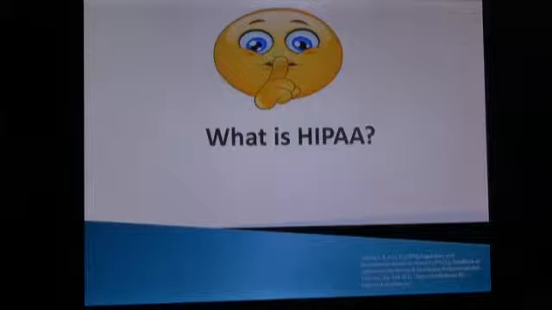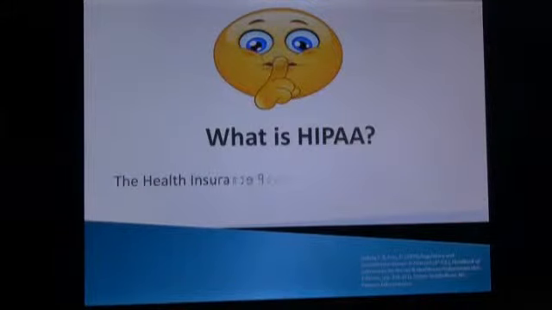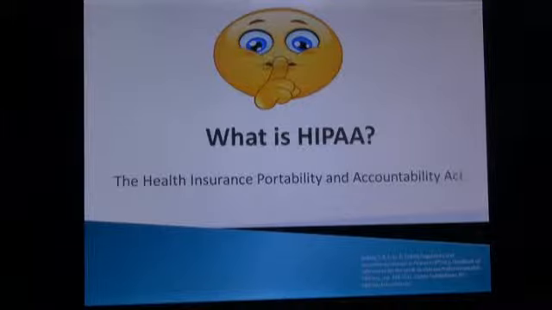What is HIPAA? HIPAA is the Health Insurance Portability and Accountability Act, established in 1996.